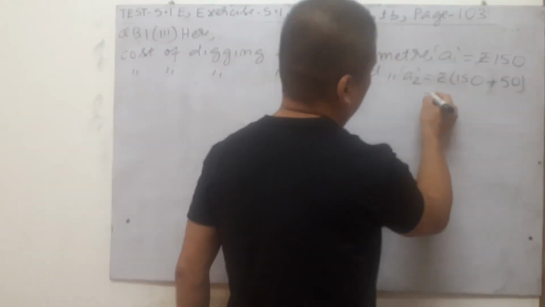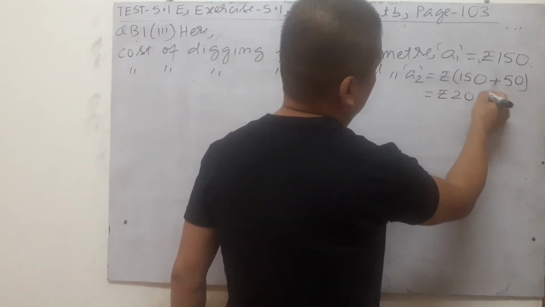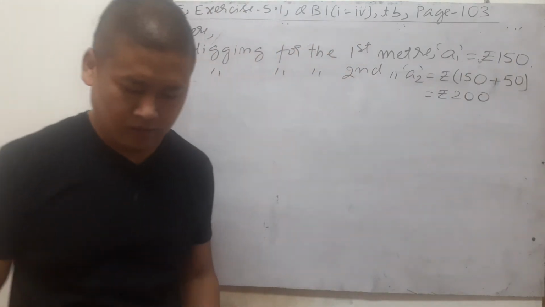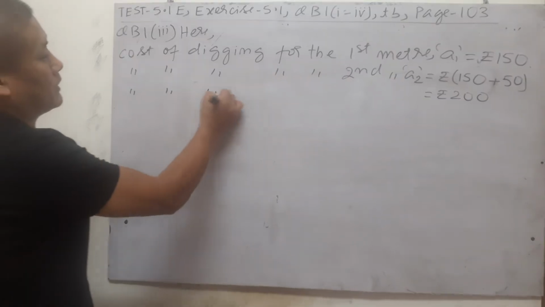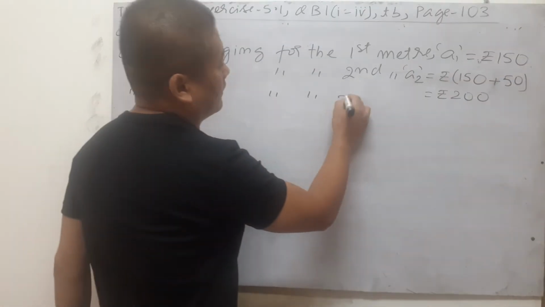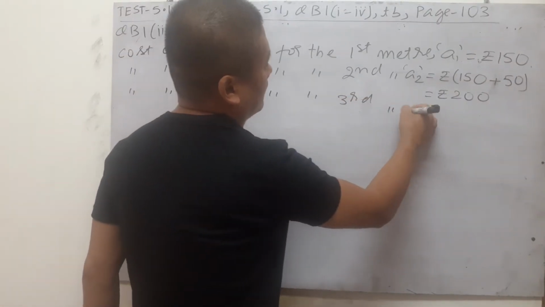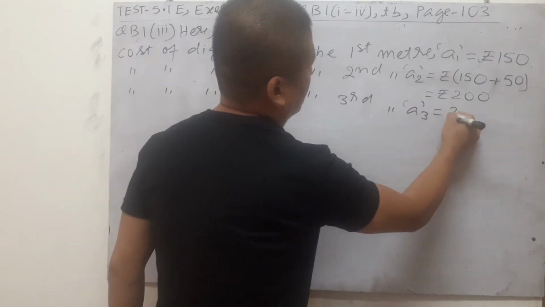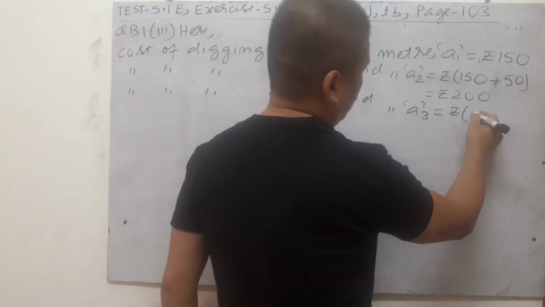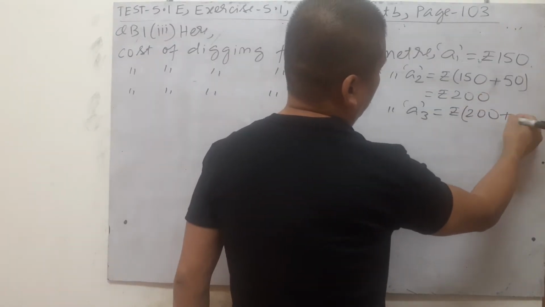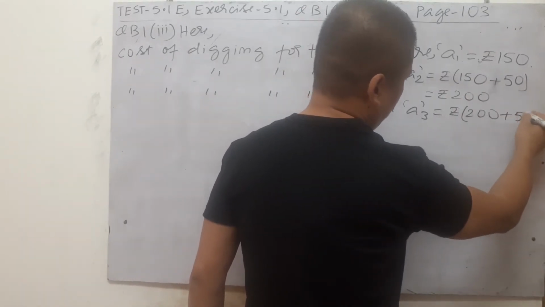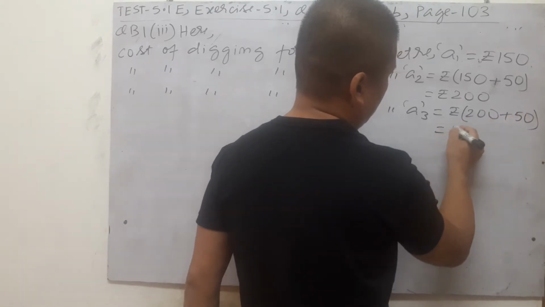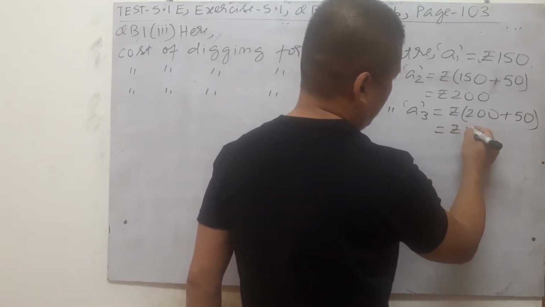So this is rupees 200, 150 plus 50. Then the cost of digging for the third meter, A3, will be the cost after the second meter, 200, plus one additional meter, and every meter after that is 50, so that is 200 plus 50, rupees 250.